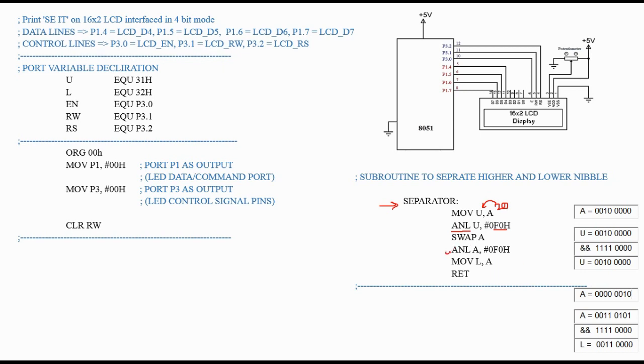After that, ANL the content of A with F0. Here again we are masking the lower nibble.